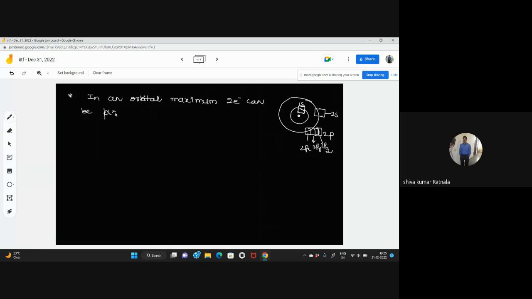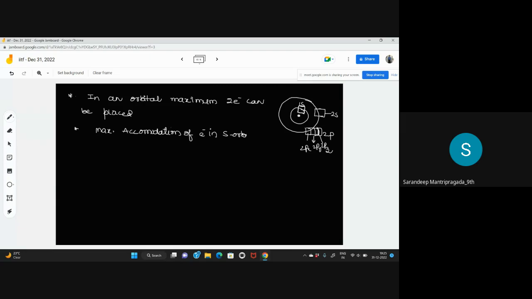So in the s orbital, how many electrons? 2 electrons.